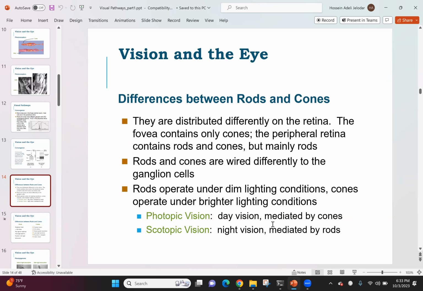Now, the rods are in the periphery and they're much more light sensitive, but they're not color sensitive. Now, what does that mean when I say they're not color sensitive? Based on what you learned last week. What does it mean? Okay.